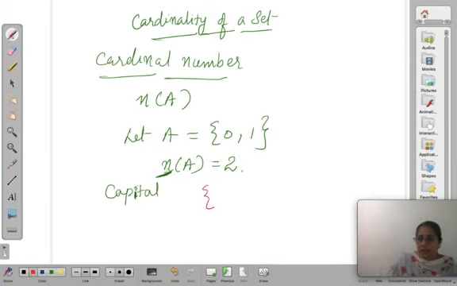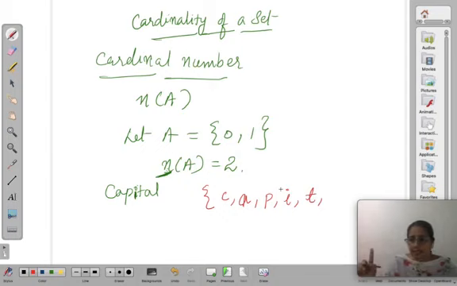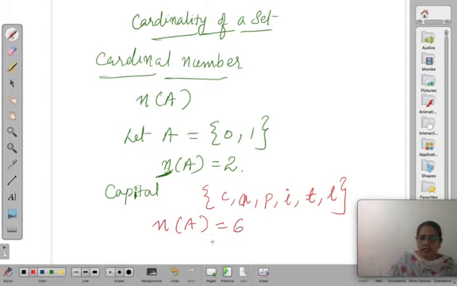You will put a curly bracket first, then C, A, P, I, T, one more A is there. So don't write that A again. You can write a member only once at a time. Next you write L. Now count: 1, 2, 3, 4, 5, 6. So your cardinal number is 6.